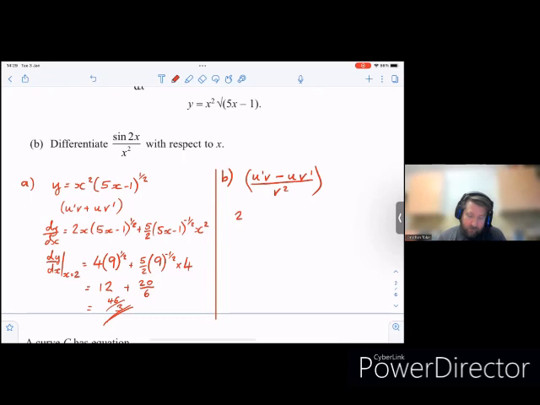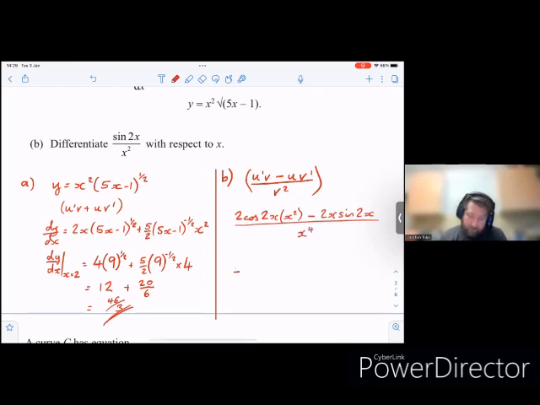So that becomes 2 cos 2x. And we're multiplying that by v, which is x squared. And we take away uv dash, so that will be 2x sine 2x. All over v squared, which is x to the 4.